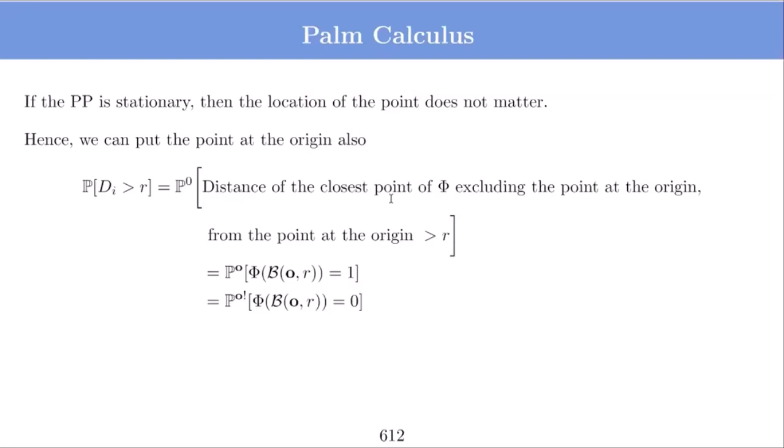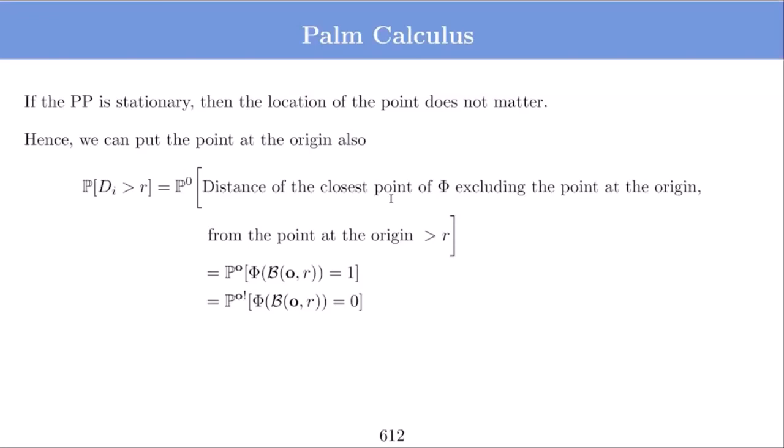So you look at all other points, and you want to know that the nearest distance of the closest point of phi from the origin, excluding the point at the origin, is more than r, while conditioning on the point at the origin.